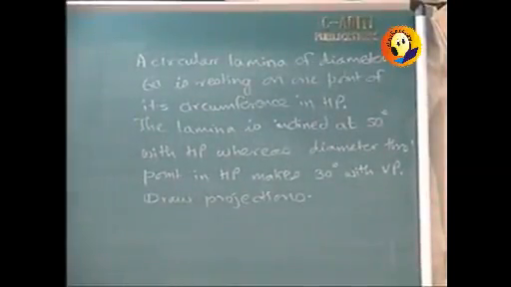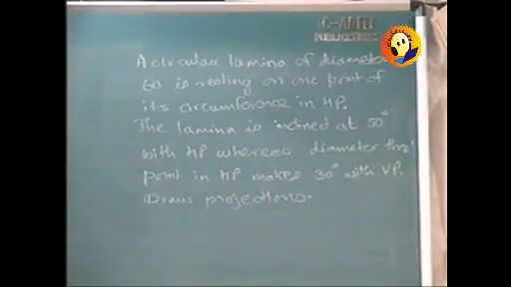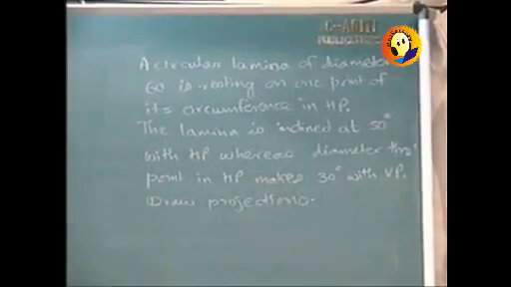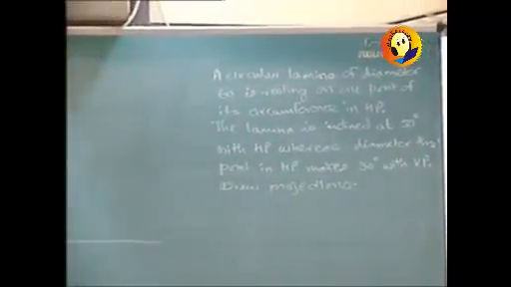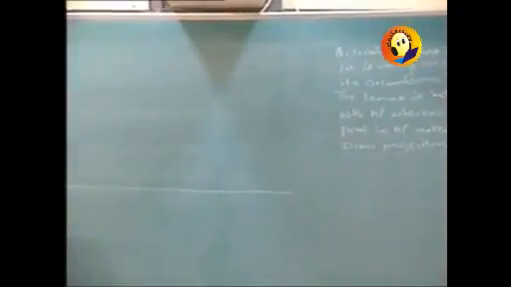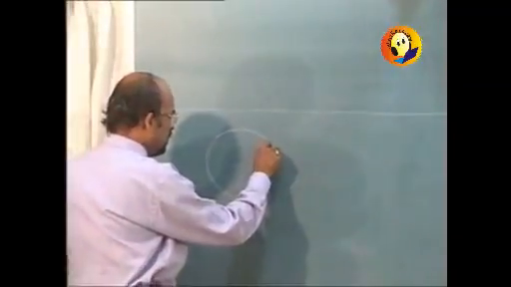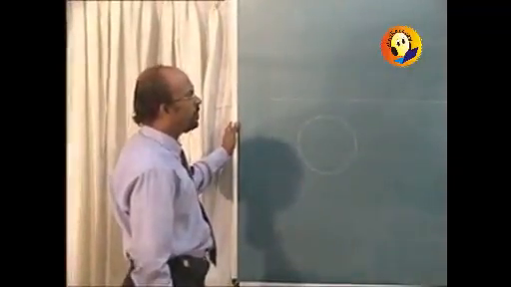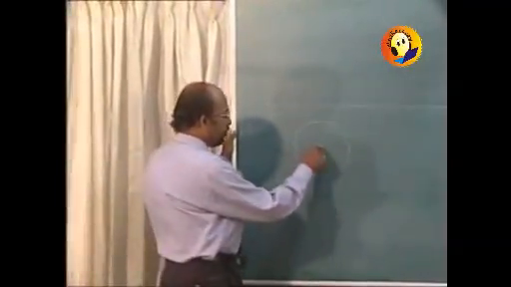Now, as one point of that circular lamina is in HP, we are required to keep the lamina in HP, and hence the top view of that lamina is going to be a circle. So we will start the solution by drawing the circle of diameter 60 in the top view.